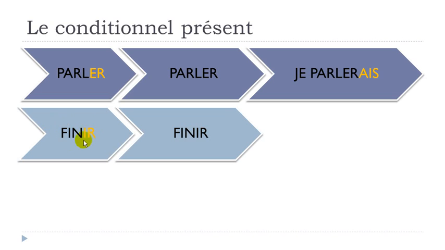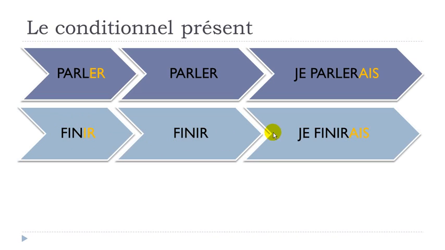You don't modify your infinitive form, you just keep it like that, all right? And after that, you add your ending. Je finirai. So AIS. Je finirai. All right, so it's quite easy. You keep your basic form, your infinitive form, and right after, you just put the ending.